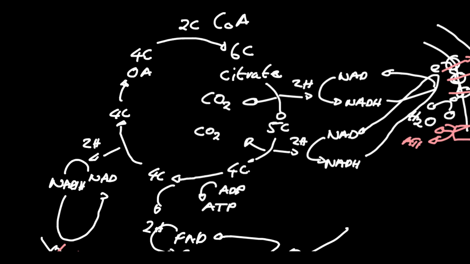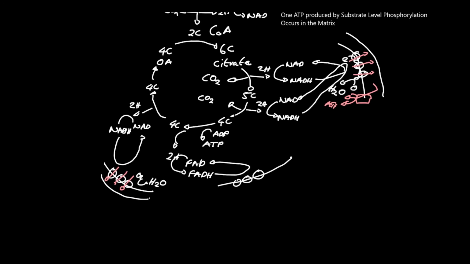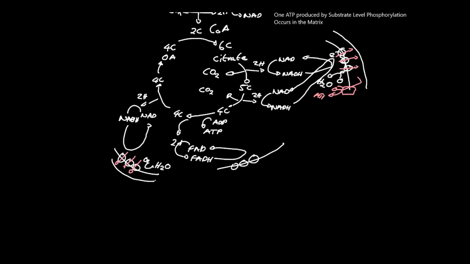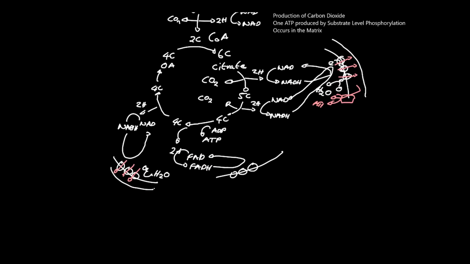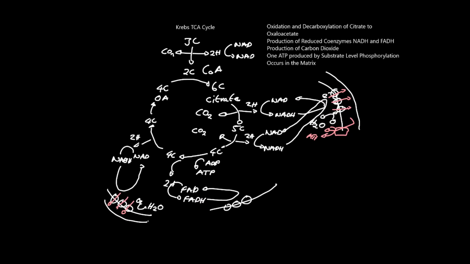So, big picture, slightly bigger picture than that, all of this occurs in the matrix. The pyruvate enters through a carrier molecule, gets decarboxylated, dehydrogenated, hydrogens join with NAD, forming NADH.